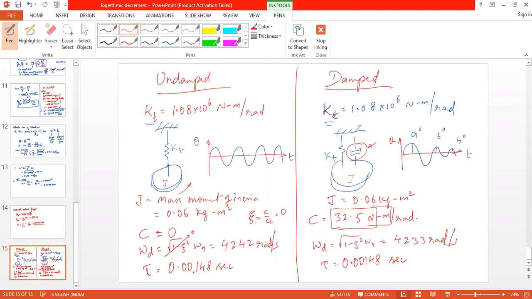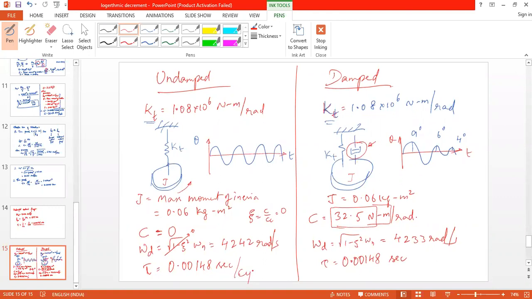what is tau? What do you mean by tau? Tau is the time taken to complete one cycle. So this is the time period tau, right?